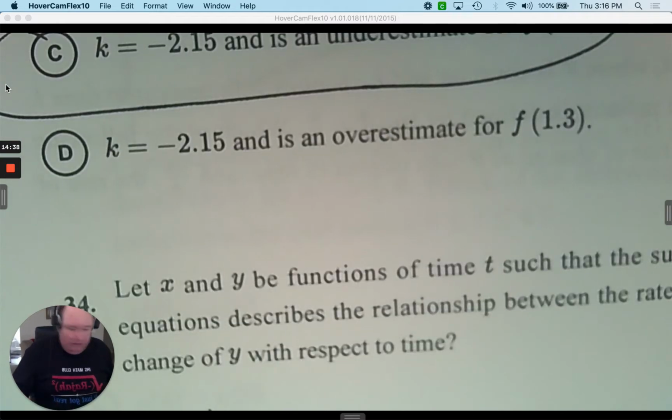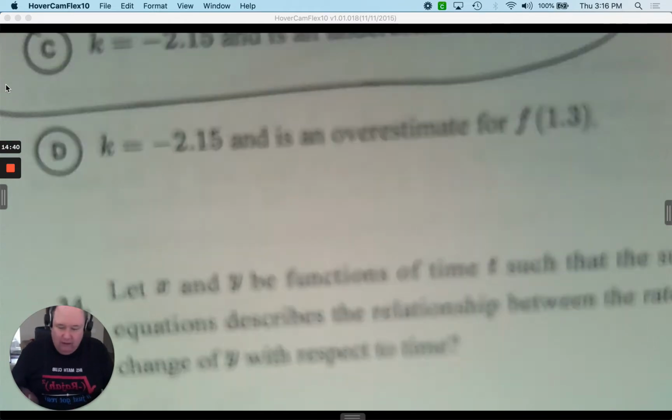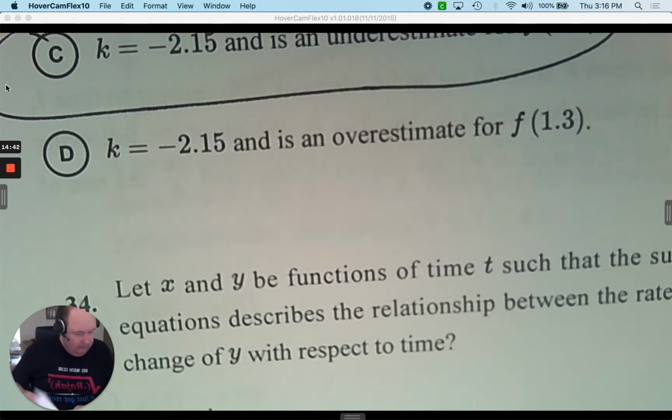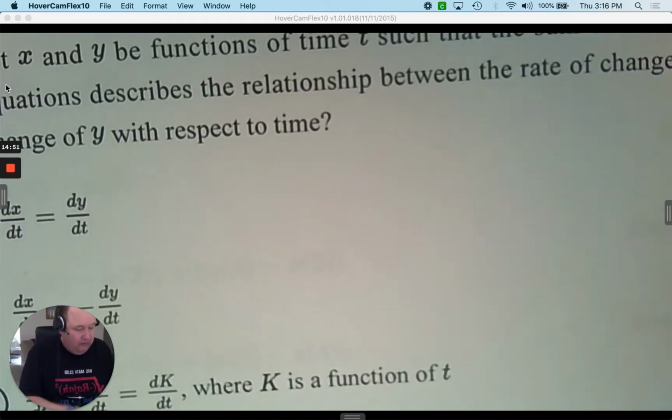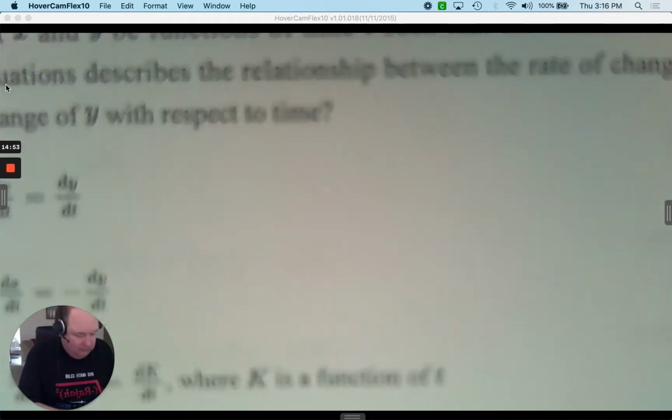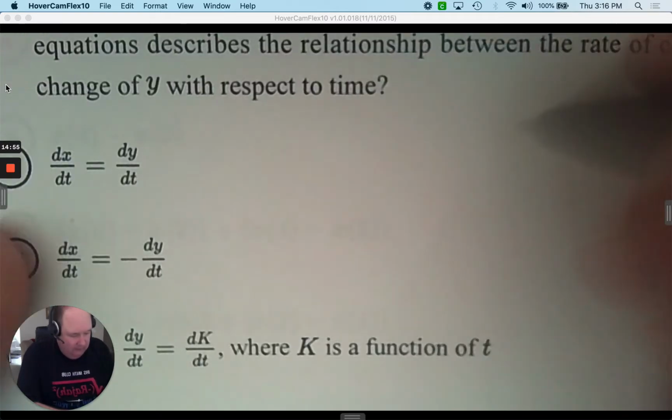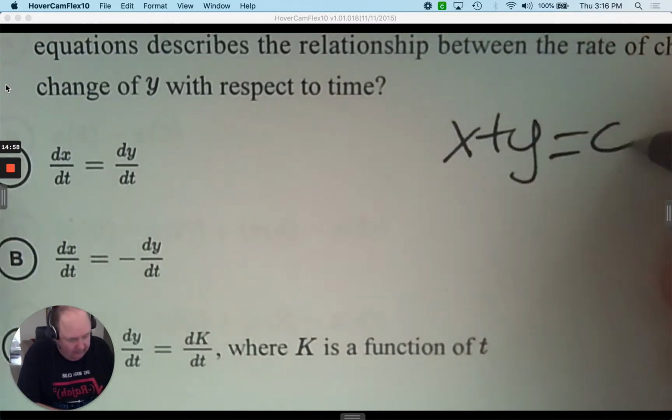Number 34. X and y are functions of time so that the sum of x and y is a constant. Which of the following equations describes the relationship between the two rates of change? So the sum of x and y is a constant.